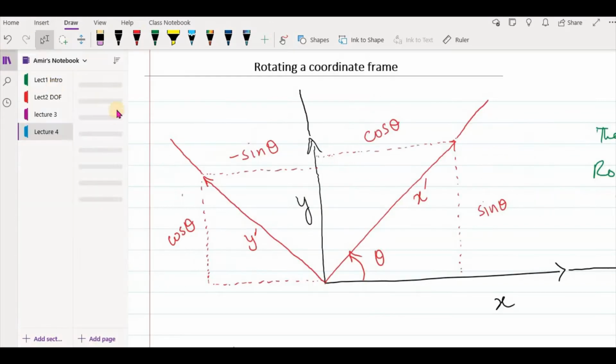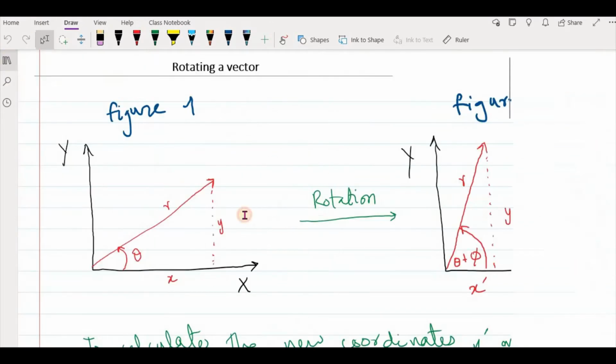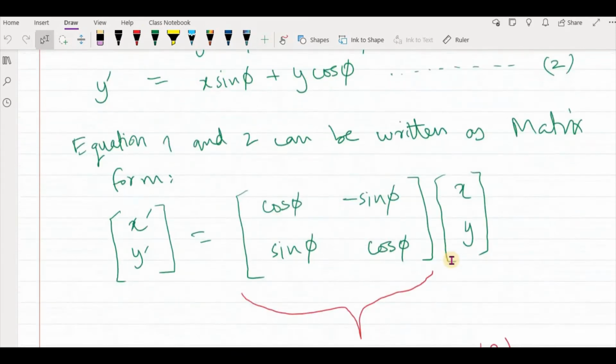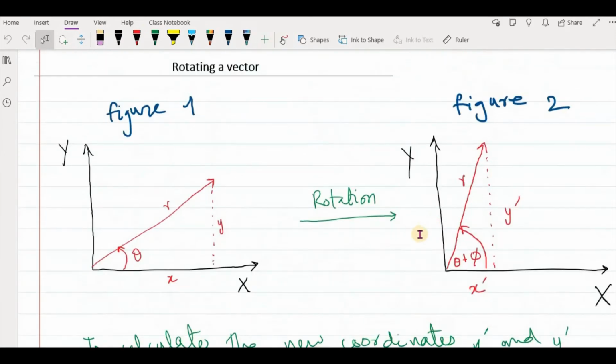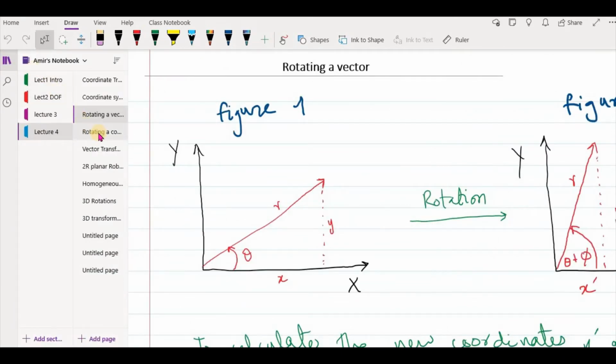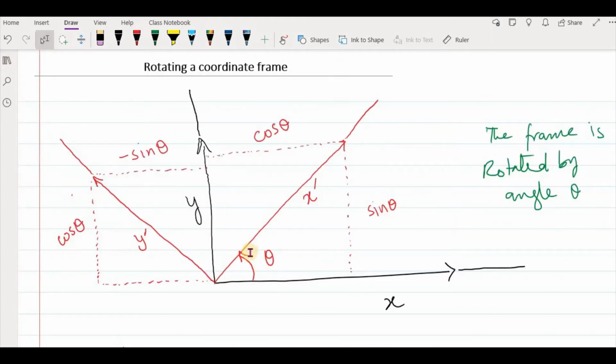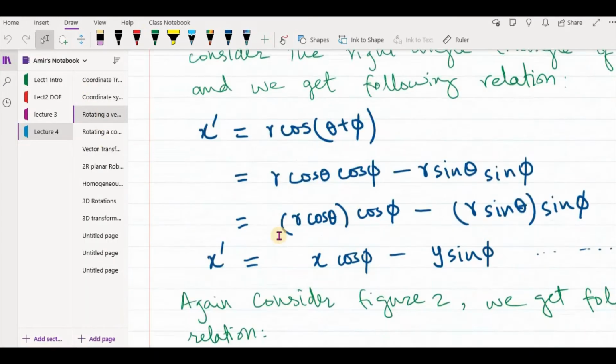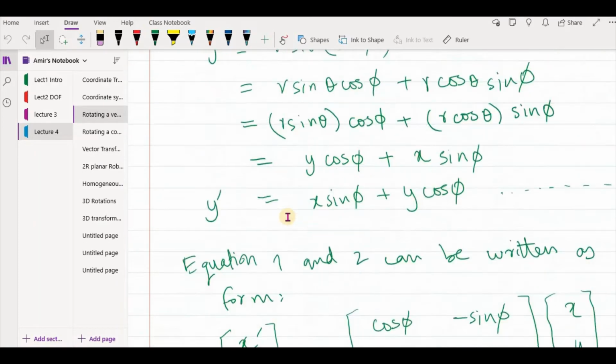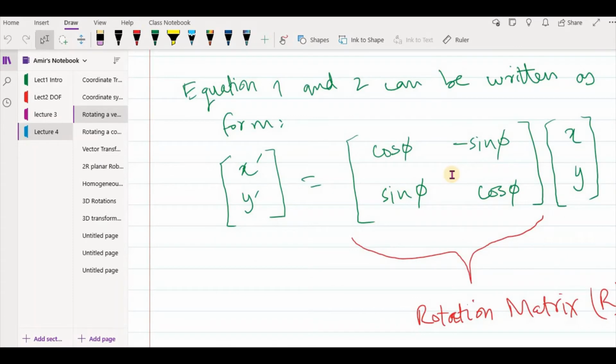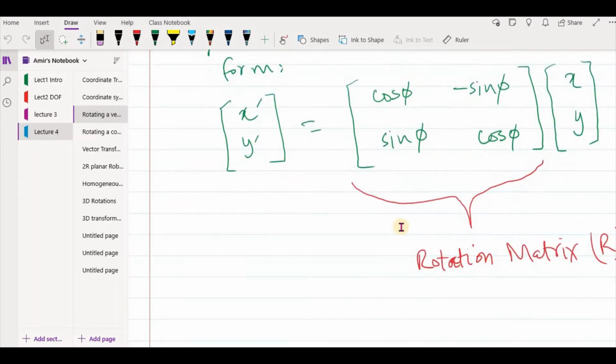We have already discussed that once the vector is rotated by an angle theta, here the rotation was with angle phi, but in the next slide we have a rotation with angle theta. So if it is rotated with angle theta, then we can find the new coordinates x prime and y prime just by multiplying the rotation matrix R with the original coordinates xy.